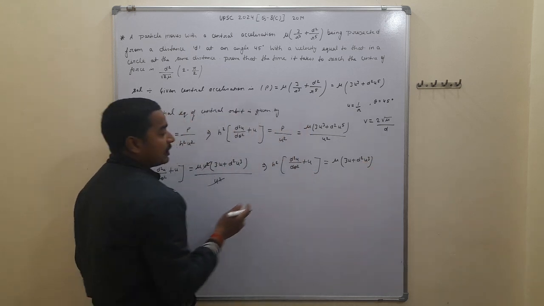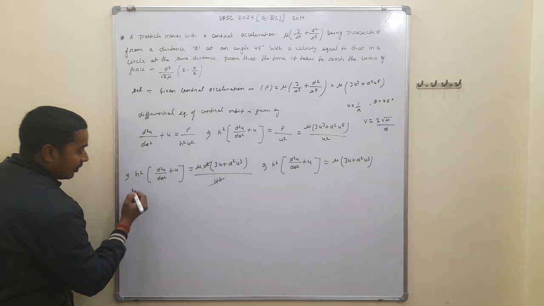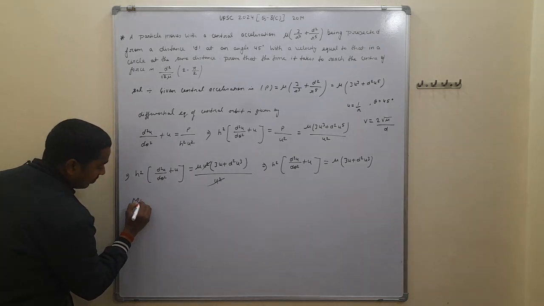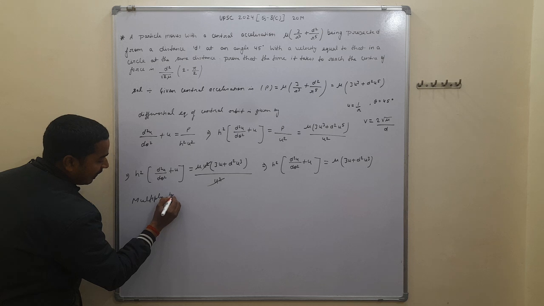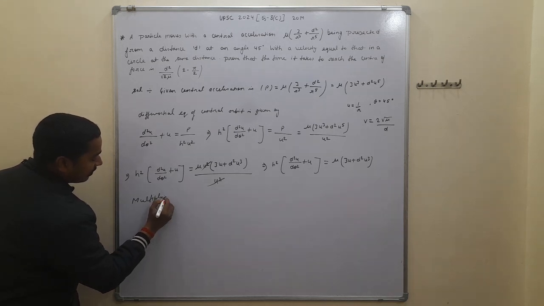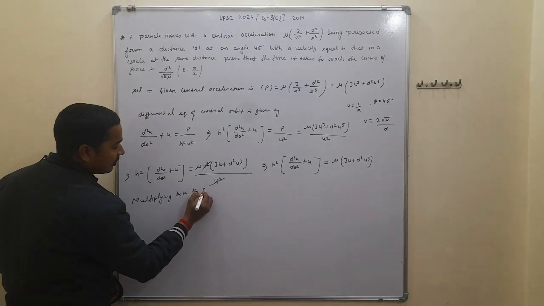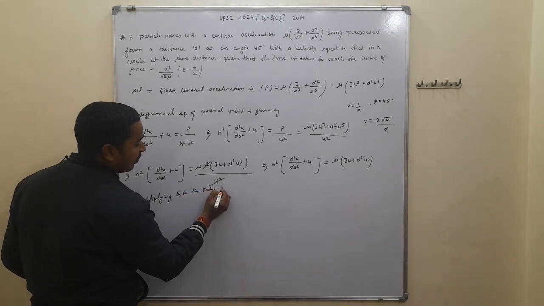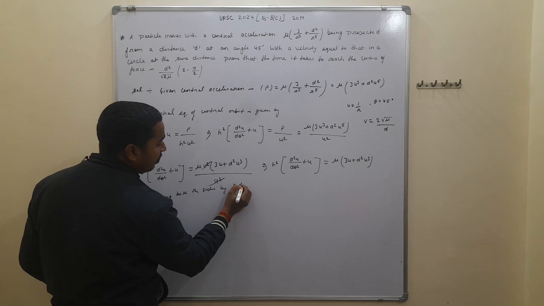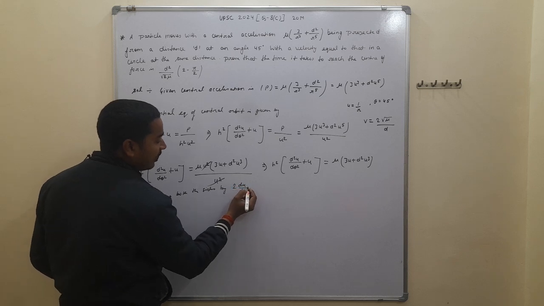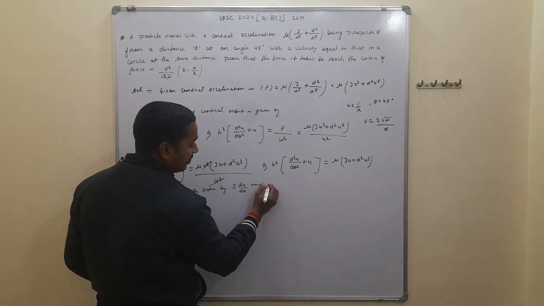Further, multiplying both sides of the above equation by 2 du upon d theta and integrating.